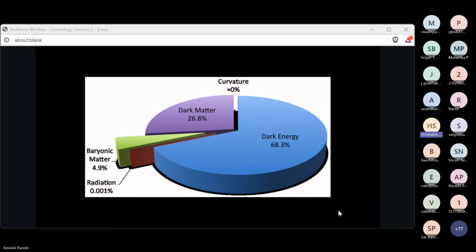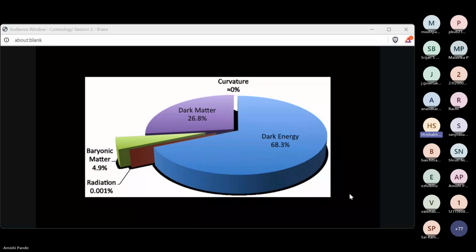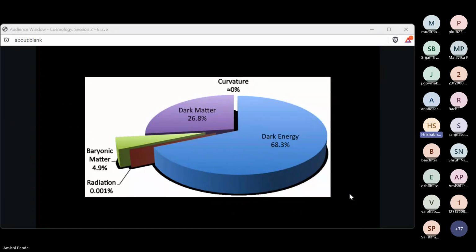We'll see if dark energy actually exists or if it's just a hoax being created for something else. I don't know if it exists because I have not seen anything pertaining to dark energy. All I have seen is matter, including dark matter and baryonic matter. Dark matter is not directly observable, but we can see its effects.